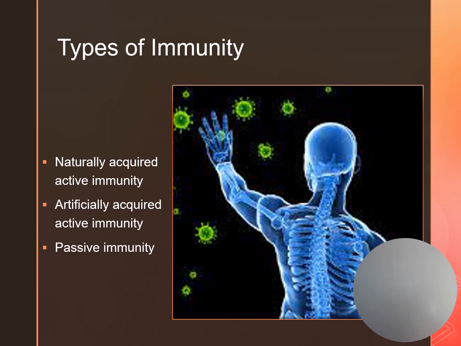And passive immunity, we have ready-made antibodies that are given to a susceptible person. For example, newborns will receive passive immunity to some diseases for which their mothers have manufactured antibodies already.